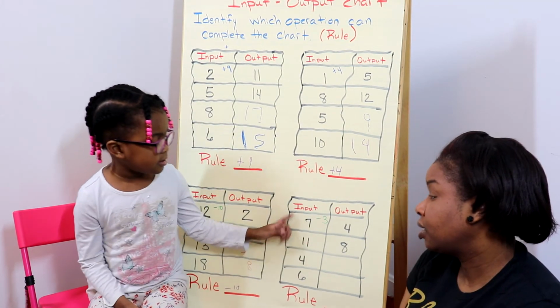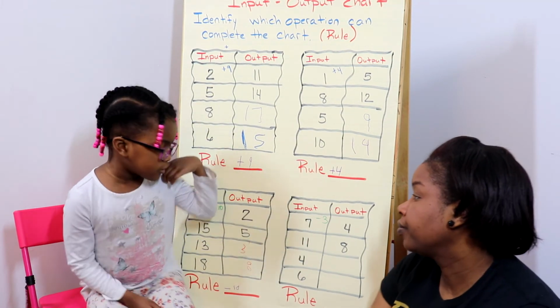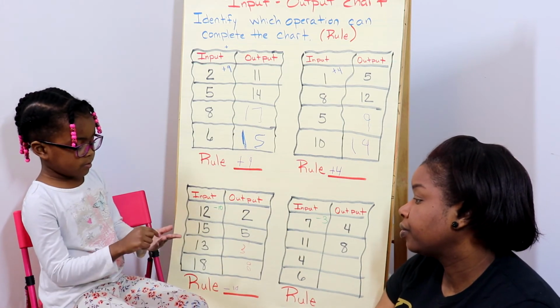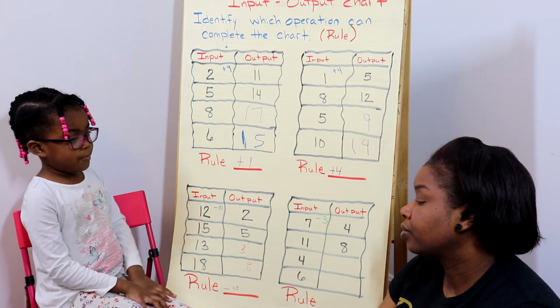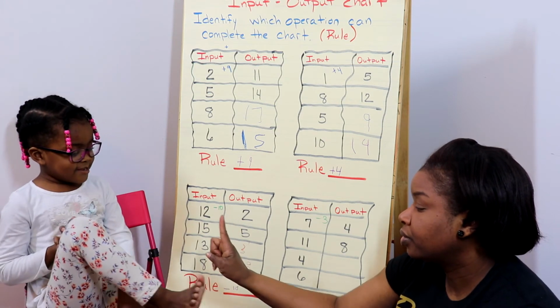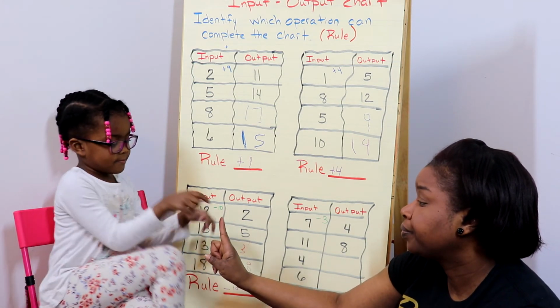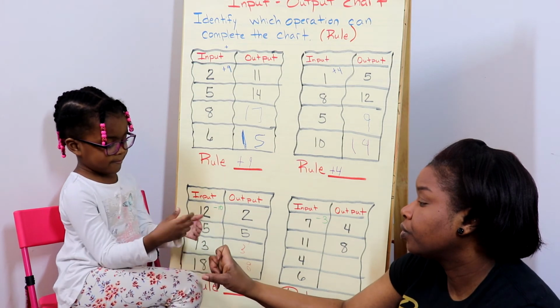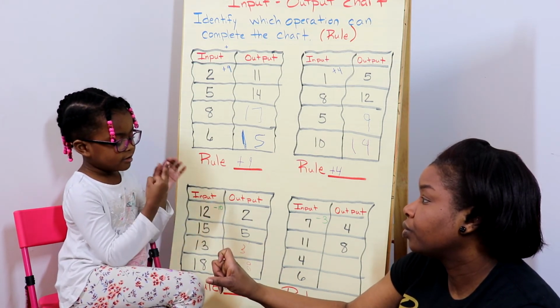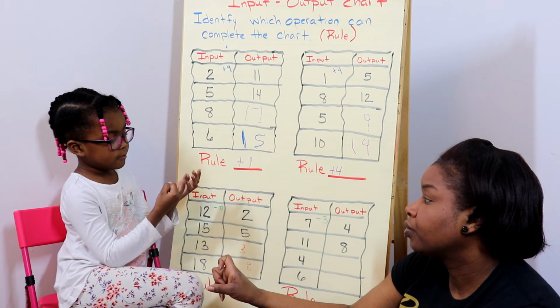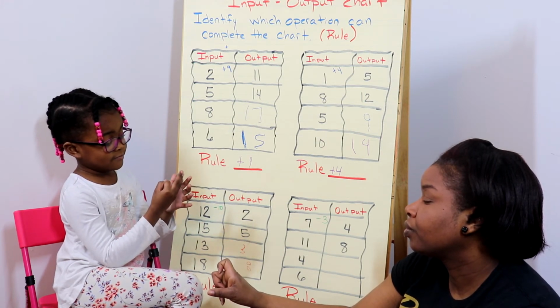11 take away 3. 1, 2, 3, 4, 5, 6, 7, 8, 9, 10, 11. Okay, so take 3 away. 1, 2, 3, 4, 5, 6, 7, 8.